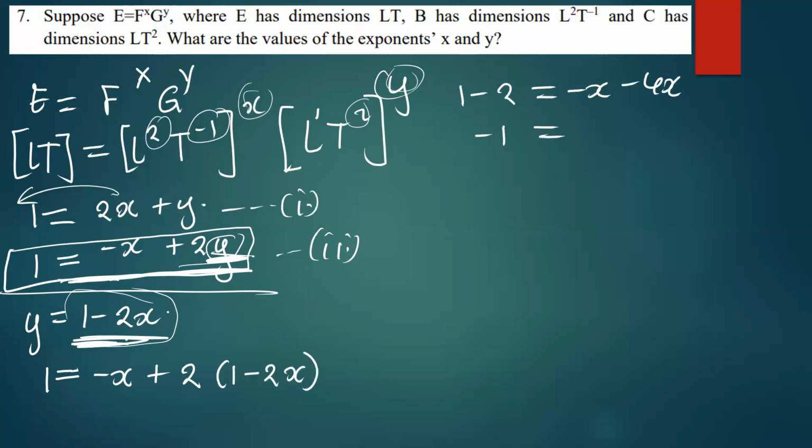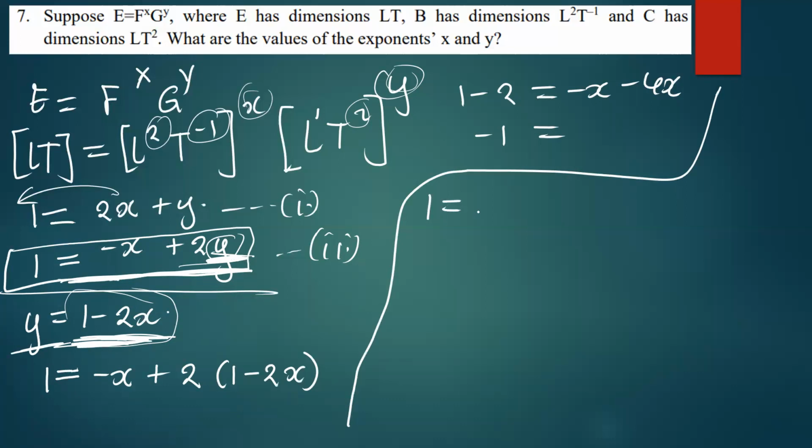While there is y, I've replaced it with the value of y, which is 1 minus 2x. And then here, I'm just going to simplify. On the left, I have 1. This is equal to -x there. And then 2 times 1, I'm getting +2. Then 2 times -2x, I'm getting -4x.